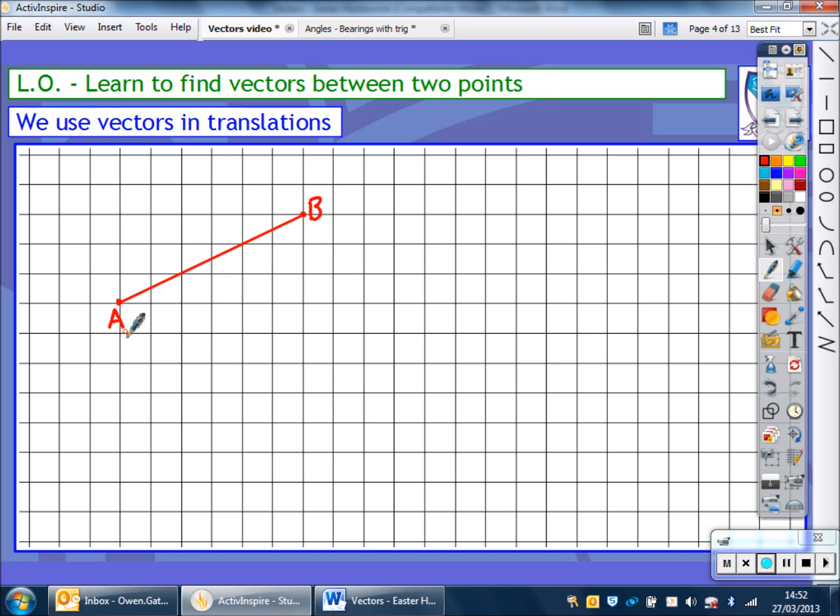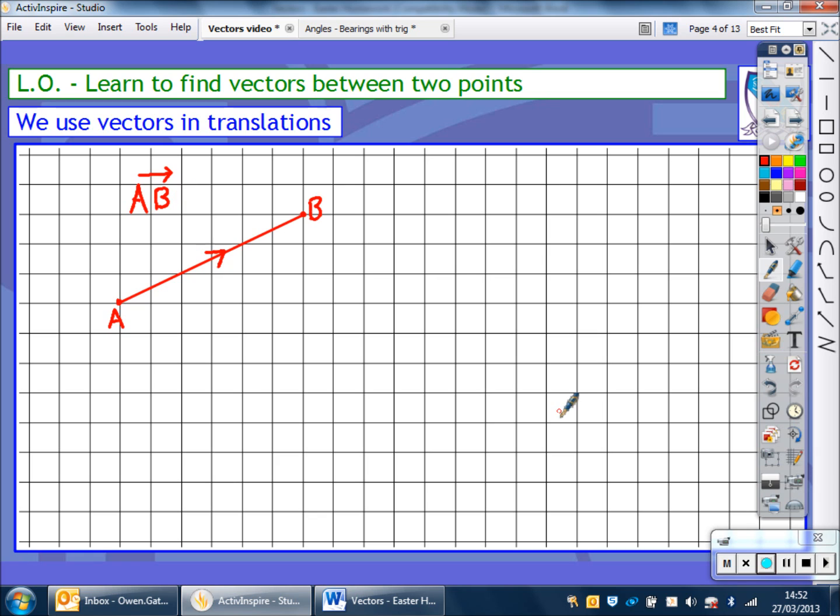You should have seen that before when we're marking down points on a circle or points on a parallelogram. We use capital letters. Now, the vector from A to B, the way we would write that is we'd say we want the vector going from A to B, so we'd put both the points down and an arrow in between showing that we're going from A to B.